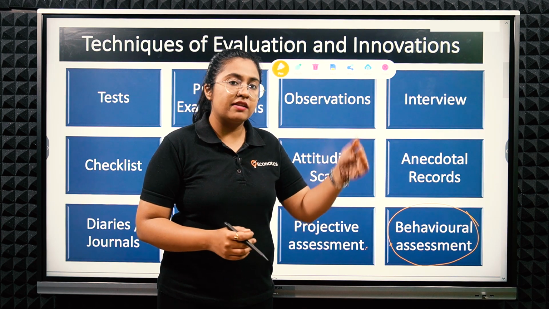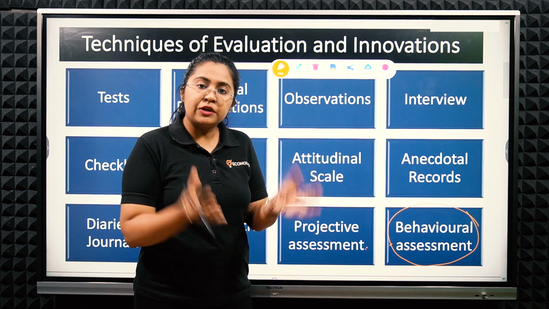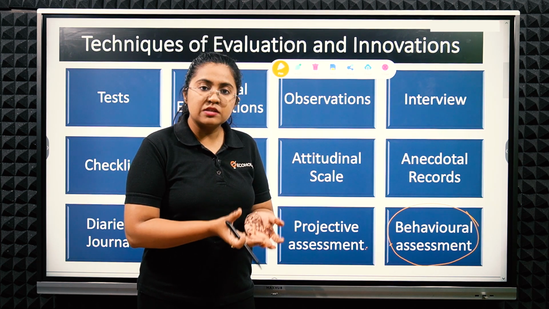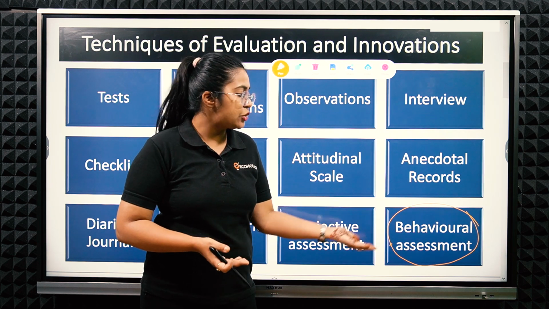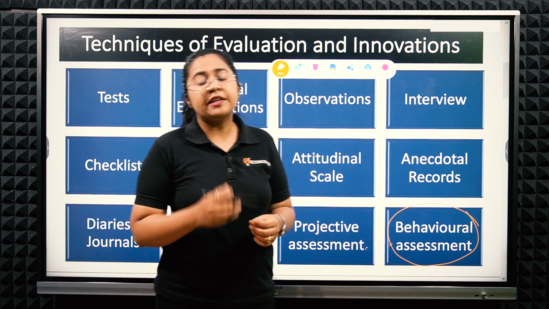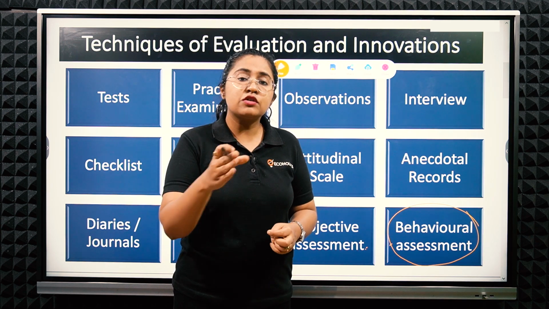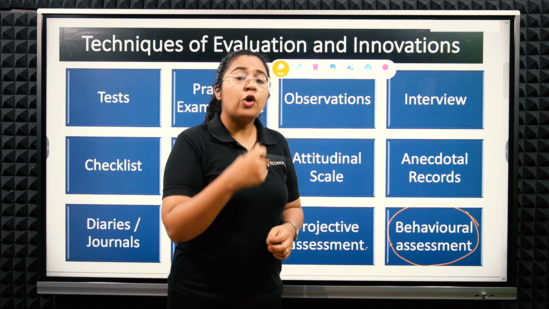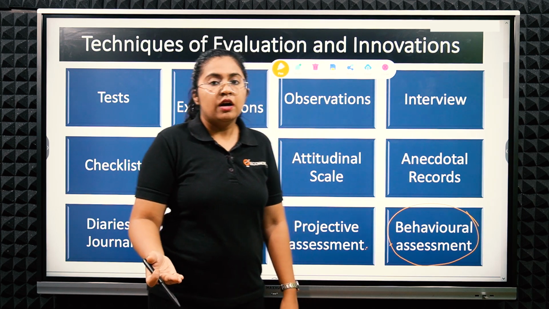So you can have various tests in a particular evaluation system or a process which can be conducted and which can gauge various performances of students or candidates on the basis of their behavior.